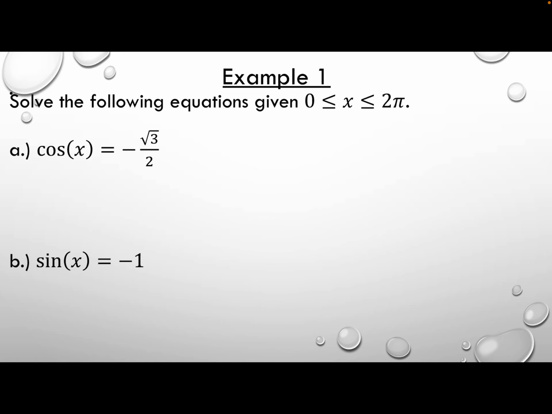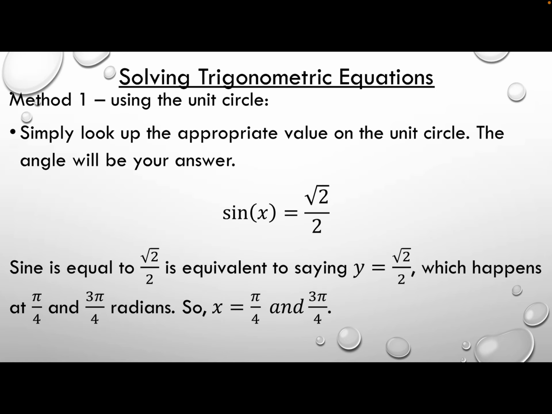Method one, using the unit circle. We've used the unit circle in the past before, right? We've been given an angle measure, looked up the angle measure on the unit circle, and then simply picked the x or y value, or y over x if it's sine, cosine, or tangent, respectively.